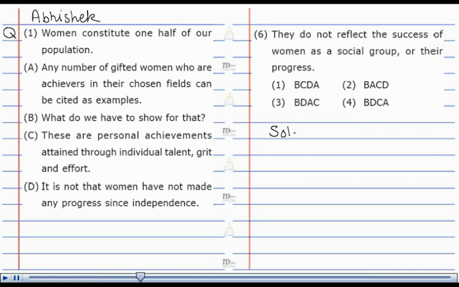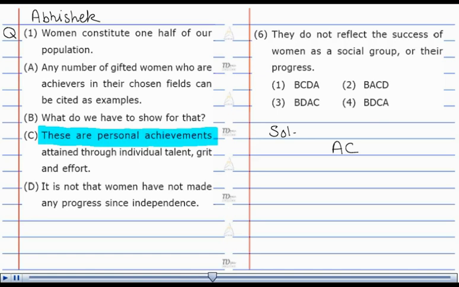Solution. On reading these sentences, the most obvious link that comes out is AC. Let us see how we get the link AC. A: Any number of gifted women who are achievers in their chosen fields can be cited as examples, and C says that these are personal achievements attained through individual talent, grit and effort.